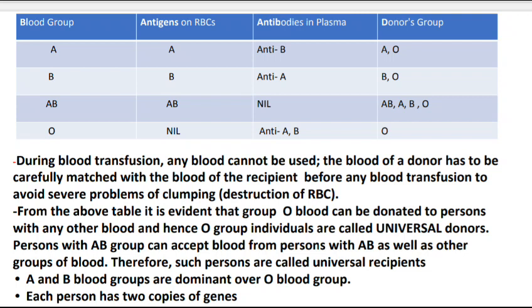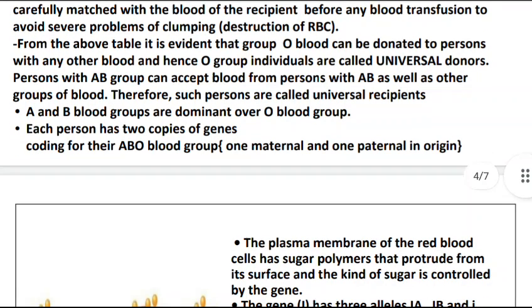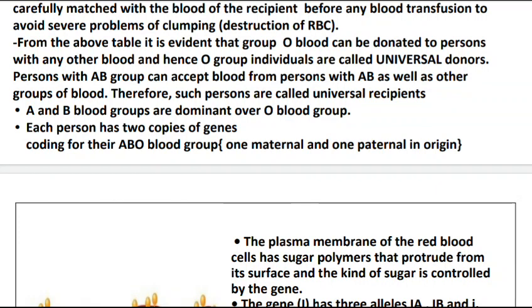Generally, A and B blood groups are dominant over O blood group. Each person has two copies of genes coding for their ABO blood group, one maternal and one paternal in origin.